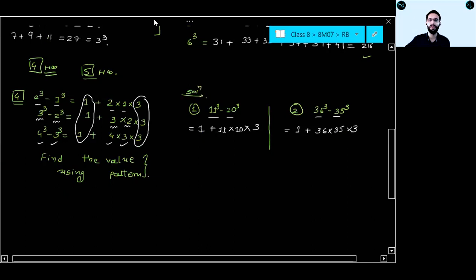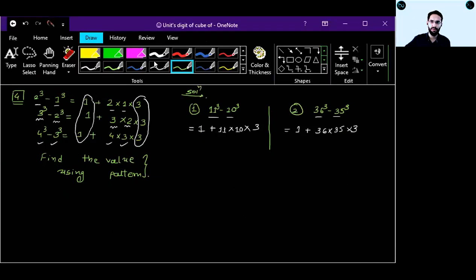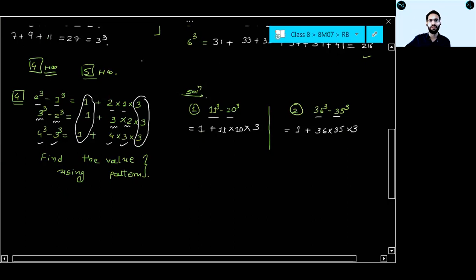Yes, Sanvi, are you having any doubt? Sanvi, you have raised your hand. So it is 1 plus 11 into 3, 33, 33 into 10, 330. This will give you 331. Okay. Easy?